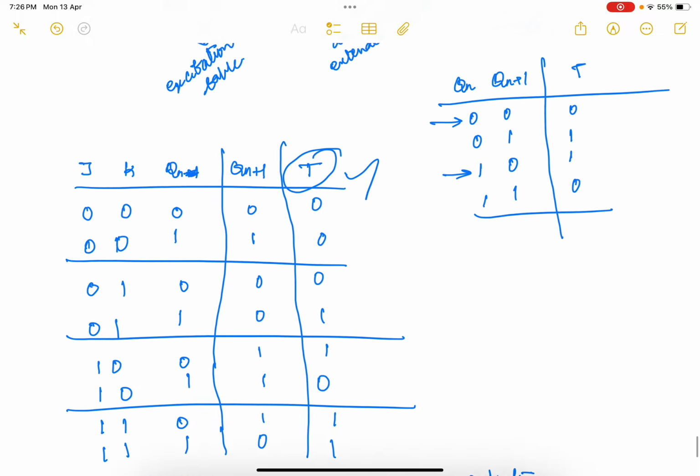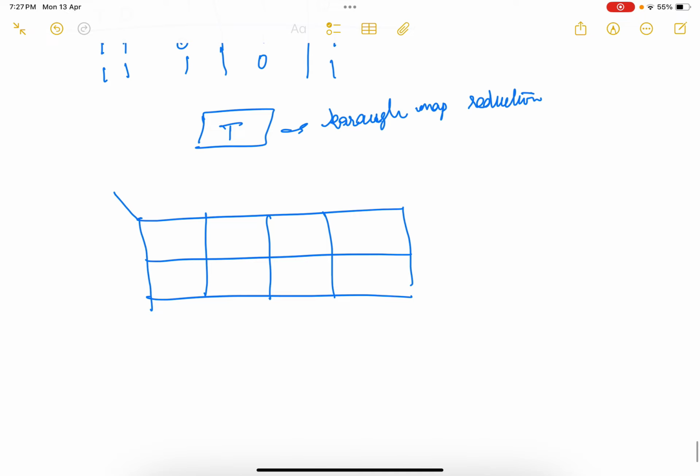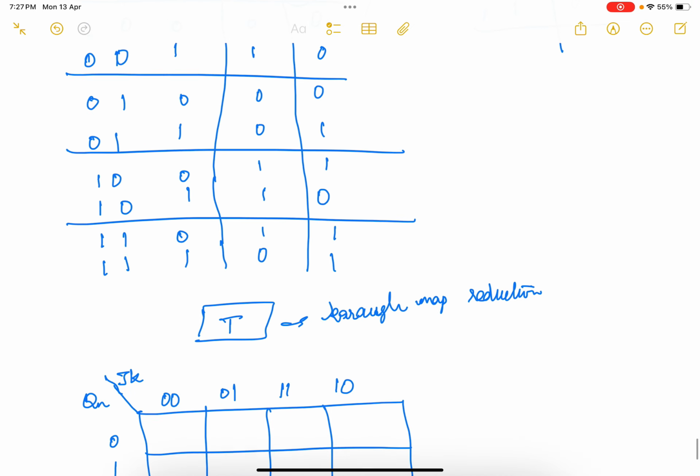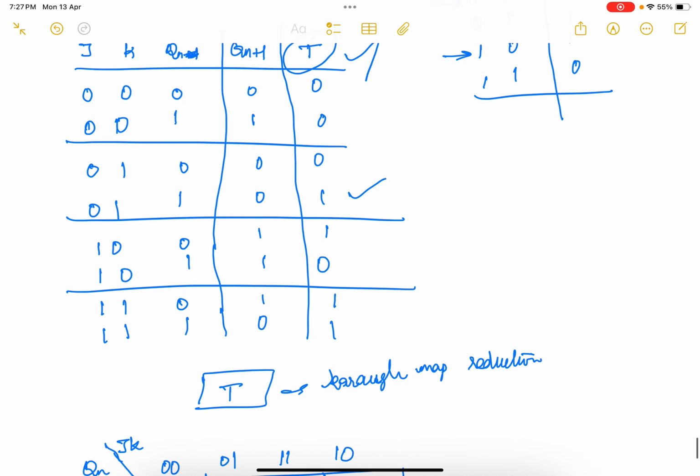The inputs are J, K, and Qn. Qn is 0 and 1, and JK takes 00, 01, 11 and 10. So you want to check where you got the output as 1.